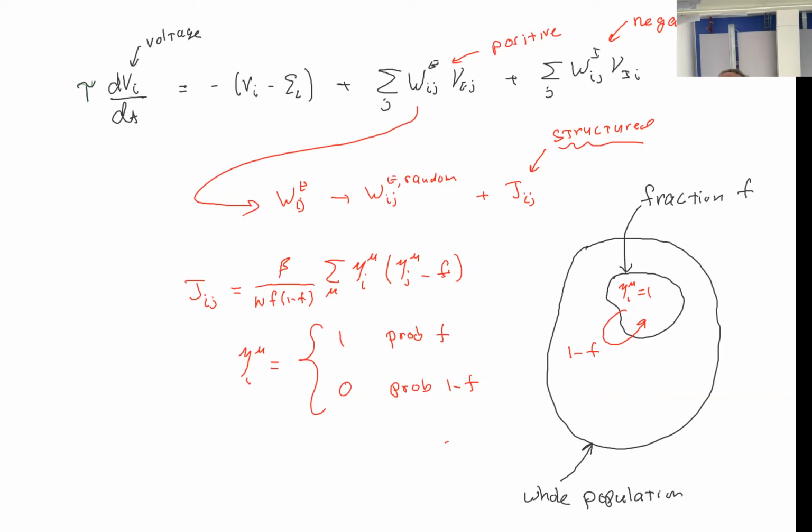All the neurons out here have eta_i^mu equal to 0. Because it's 0, there's a minus sign, so these are negative weights: these neurons inhibit each other, and inhibit the ones that are going in here. Their strength is minus f.